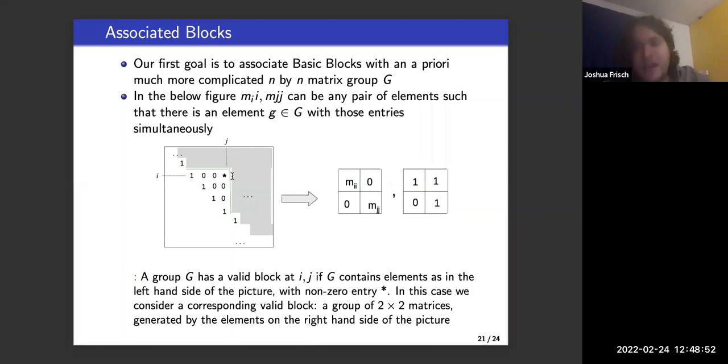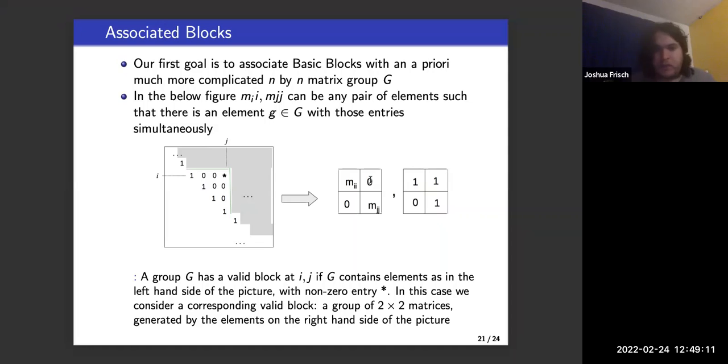And so assuming I have one of these good elements, I want to associate a basic block. And the basic block is just going to be, I have 0, 1, 1, 1, and I take all the possible m_ii and m_jj I can possibly get.